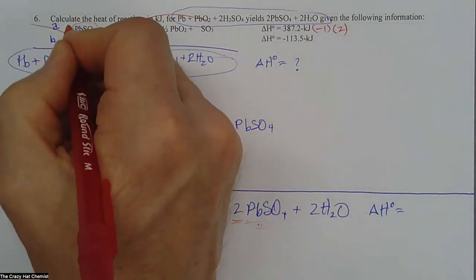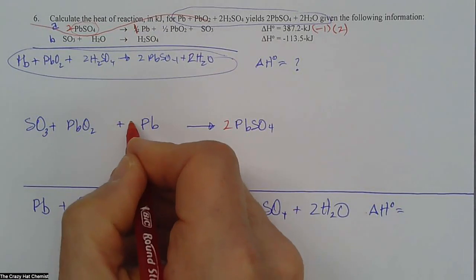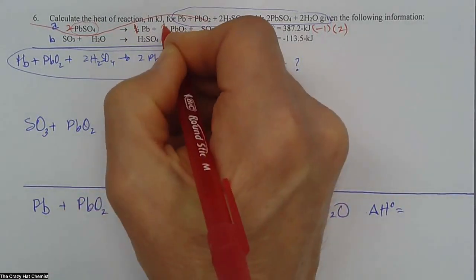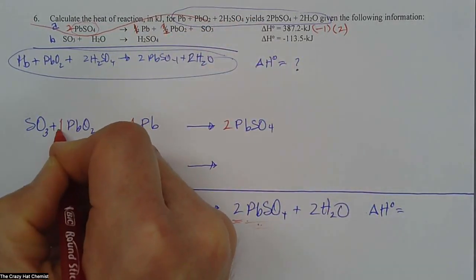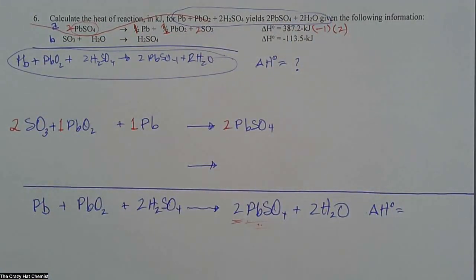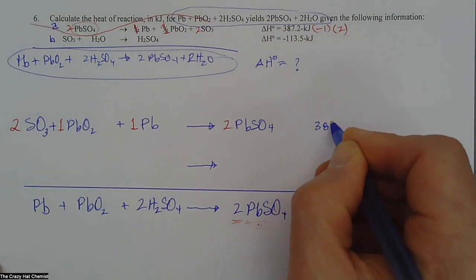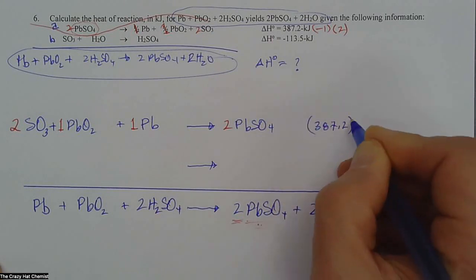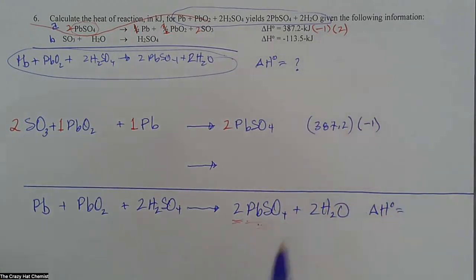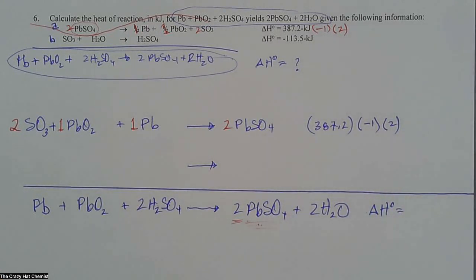So this will have a 2, that will have a 2. This will have a 1, that's going to have a 1. This will have a 1, that will have a 1. And then this will have a 2, just like that. Cool. So what do I do to the number here? I have this 387.2. I'm going to multiply that by -1 by flipping the equation, and by 2 by multiplying the equation by 2.